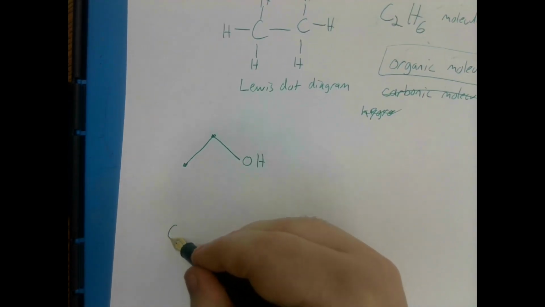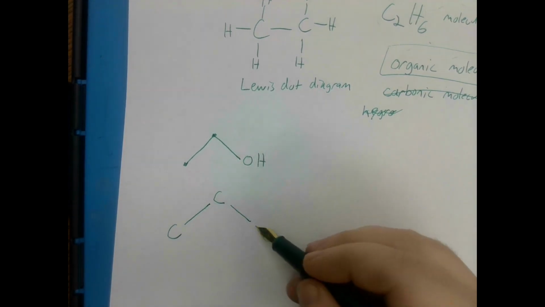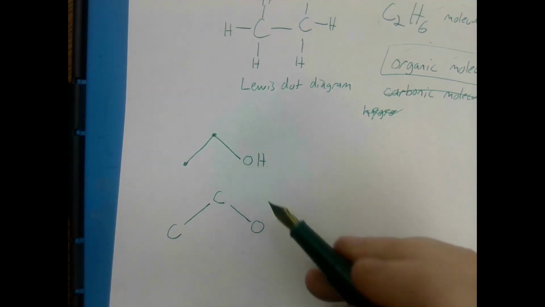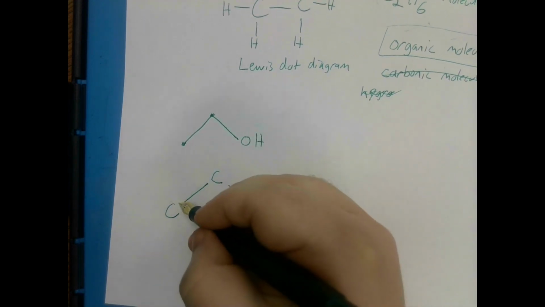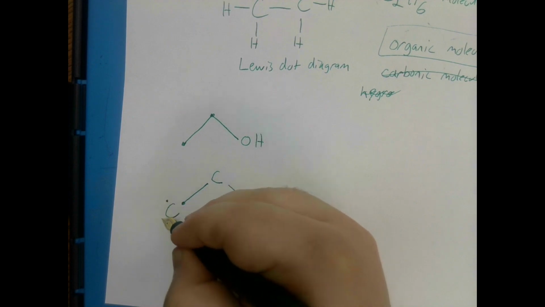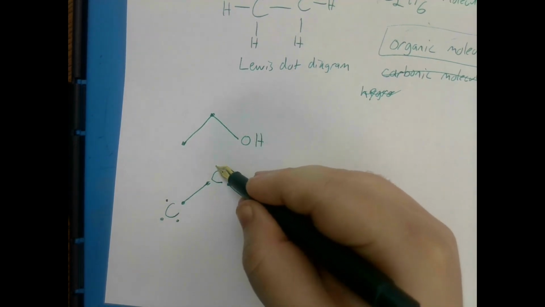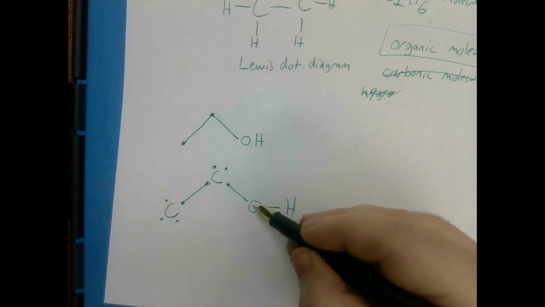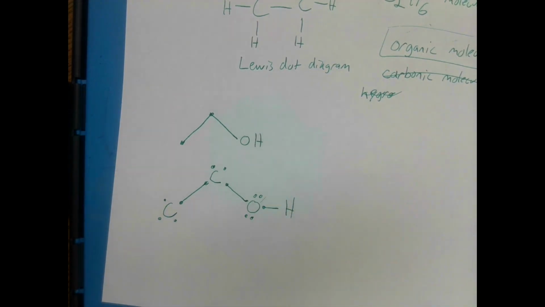So we have a carbon attached to another carbon, attached to an oxygen, and hydrogen attached to that oxygen. Add valence dots around it. Oxygen has 6.